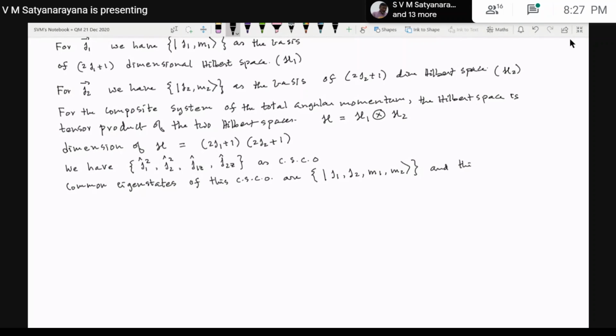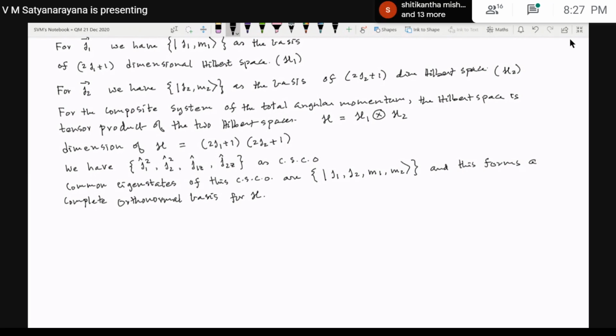This forms a complete orthonormal basis for H.